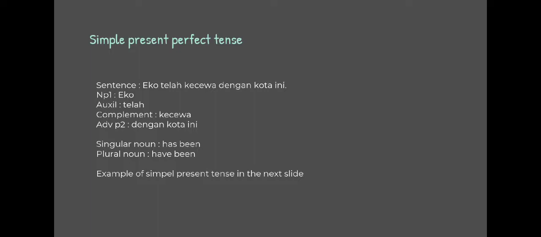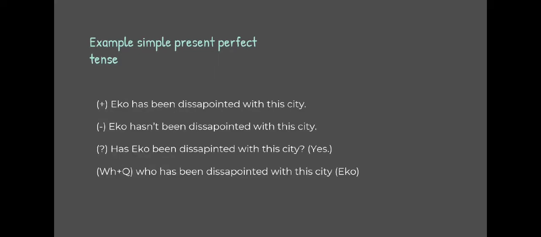And I use a singular noun for the subject, so it will be has been. As you can see right here, we have an example for the simple present perfect tense. And let's go to the next point.